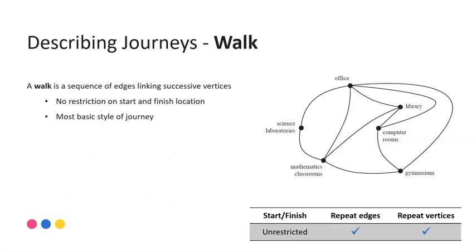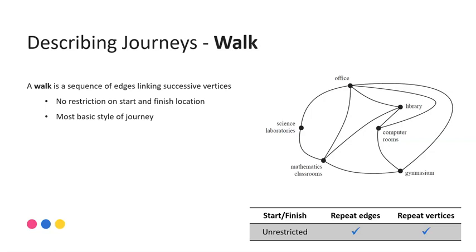The first of our journeys is a walk. A walk is the most basic style. There's no restriction on the start and finish location. We're allowed to repeat edges, we're allowed to repeat vertices, and we can include as many or as few as we'd like. An example of a walk might be going from the office to the gymnasium.